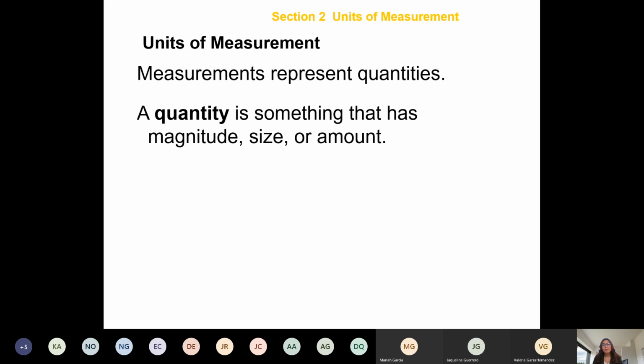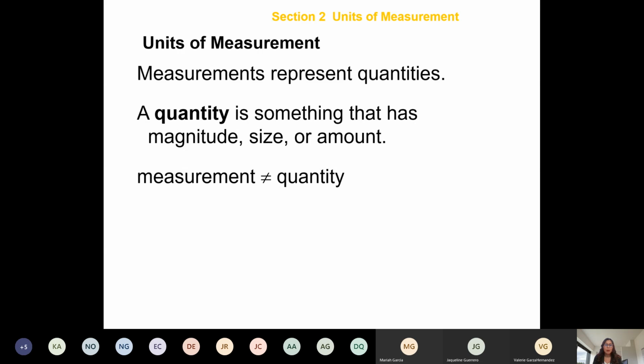So anything that can be measured because it has a size and amount is considered a quantity. So I do want to emphasize a measurement is not the same thing as quantity. And I gave you the example with time. Time is a quantity and the measurement can be in many different ones depending on the size. Seconds, hours, minutes, days, etc.